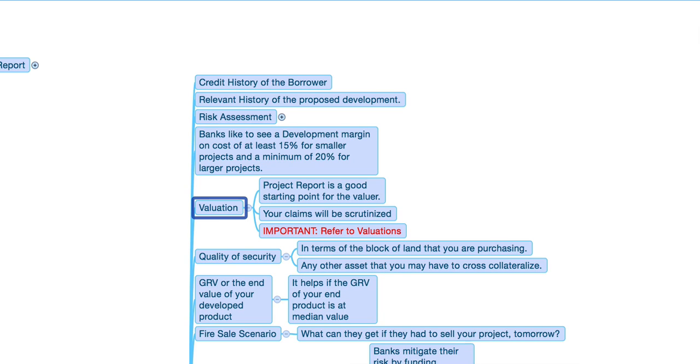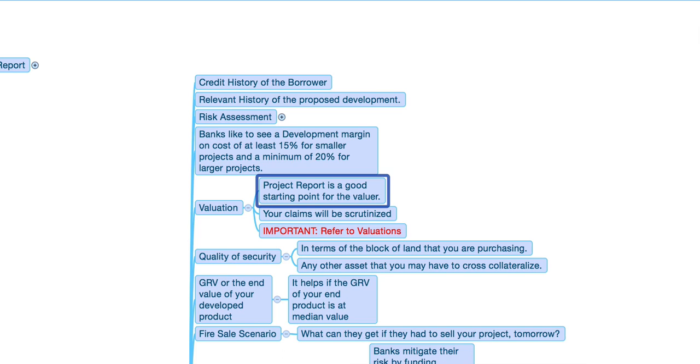Valuation: I've got a separate module for valuation that we can look at after this. However, I'll just quickly explain. Make sure that you interact with the valuer yourself. Make sure that you get a list of valuers who are on your bank's panel, and you contact them directly.